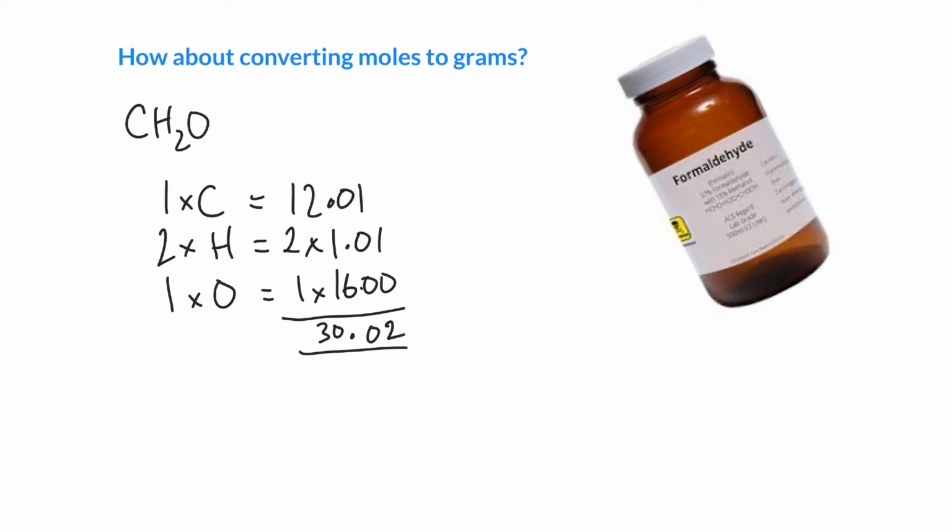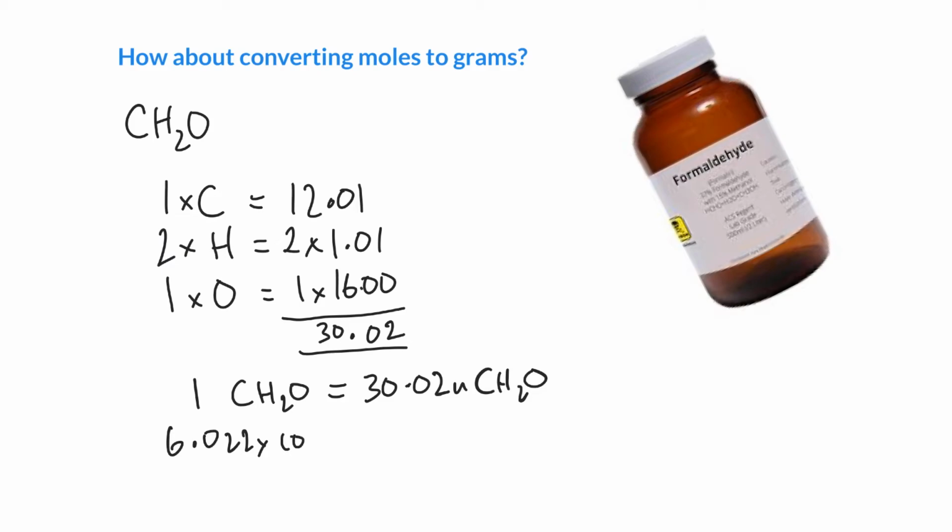So what does that tell us? It tells us that 1 molecule of formaldehyde, CH2O, weighs 30.02 atomic mass units. That's relatively useless. It also tells us that Avogadro's number, 6 times 10 to the 23 molecules of CH2O, would weigh 30.02 grams of CH2O.